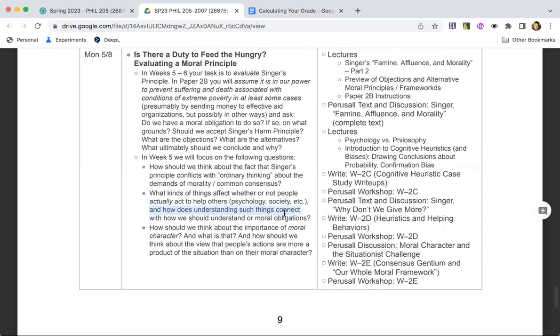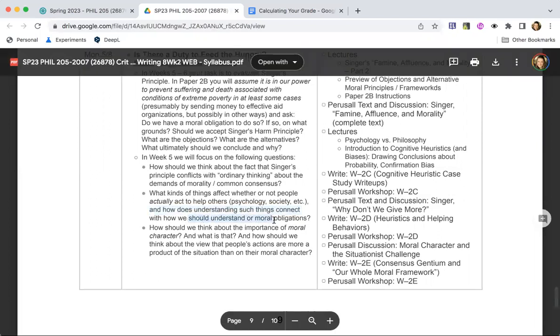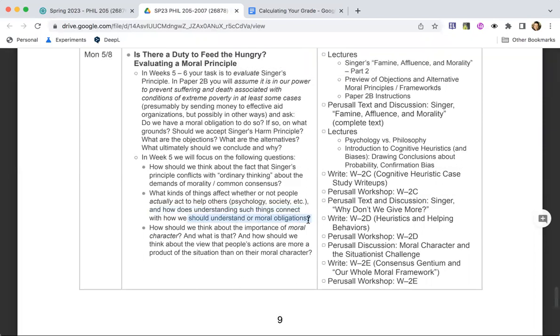And we'll ask questions about how understanding something like human psychology or society, and how those things affect whether or not people help, how does understanding this help us think about our moral obligations? Is it against human nature to have a principle like Singer's? In what way exactly? What follows? There are some deep questions here.